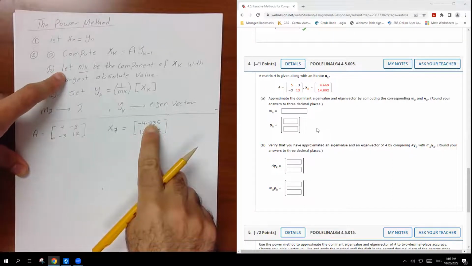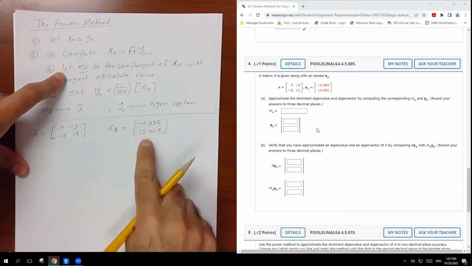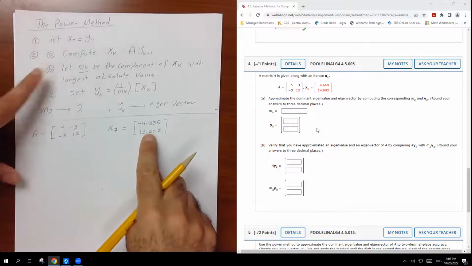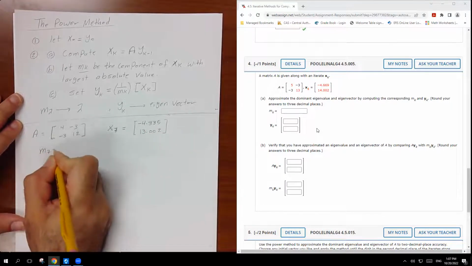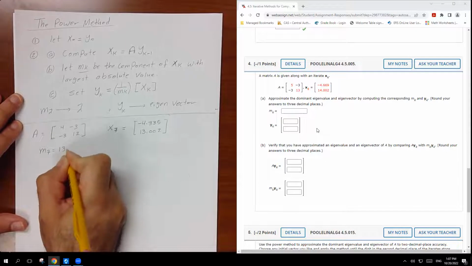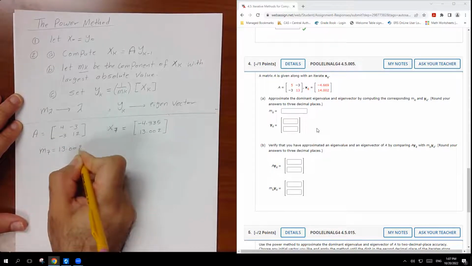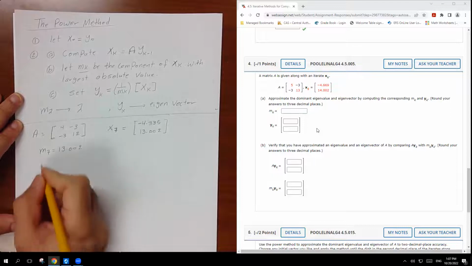I have negative 4 and 13, so 13 is the large one. That means M7 is going to be 13.002.